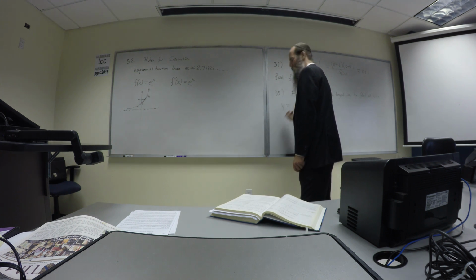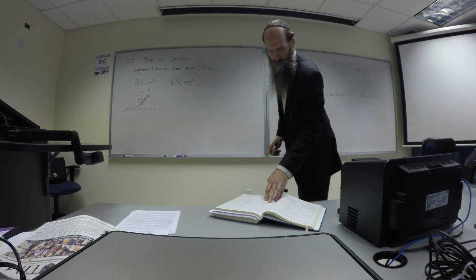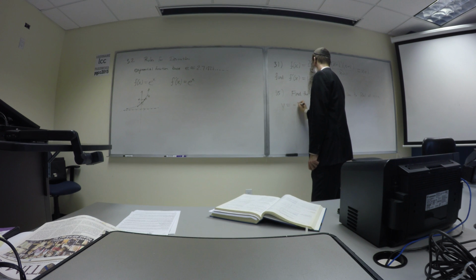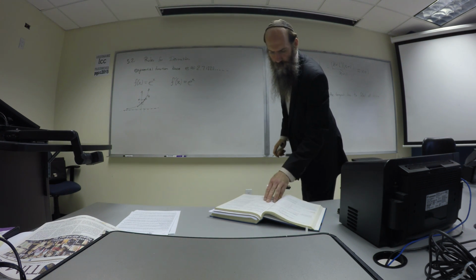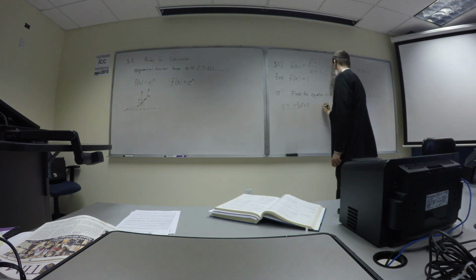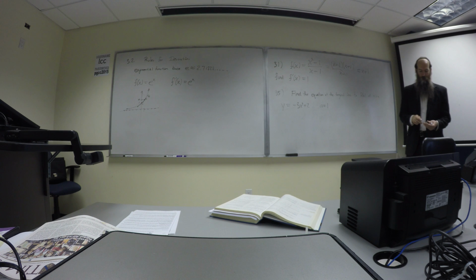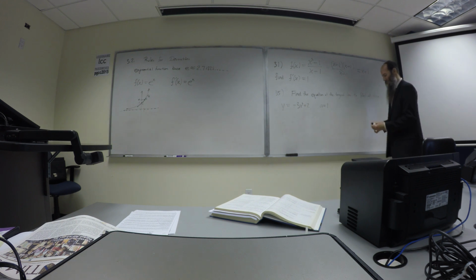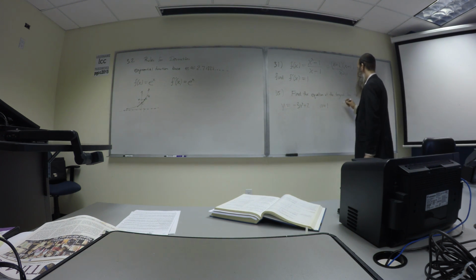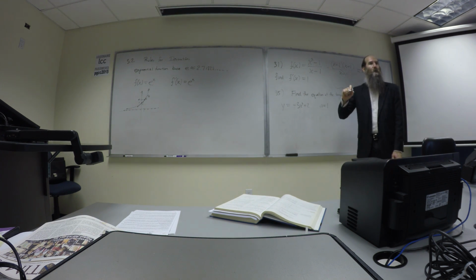Number 35. y equals negative 3x squared plus 2, and the location is at a equals 1. So if you want to find a tangent line, what does that imply? What do you have to find? You have to find a line that grazes this function.